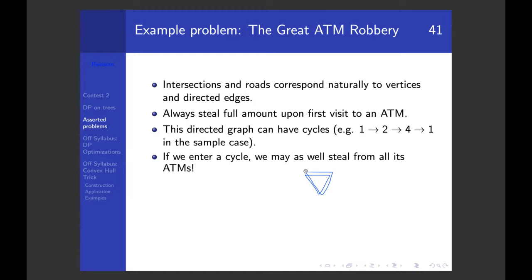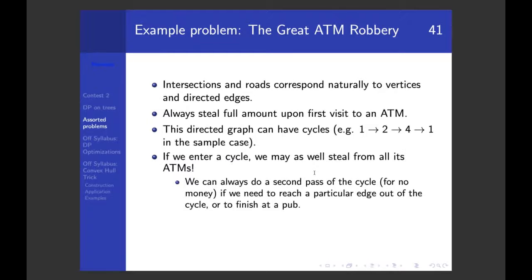So taking all the money from the cycle doesn't disadvantage us, because we can end up back at the start after taking everything. So we might as well just go around and steal from the entire cycle. We can always do a second pass.